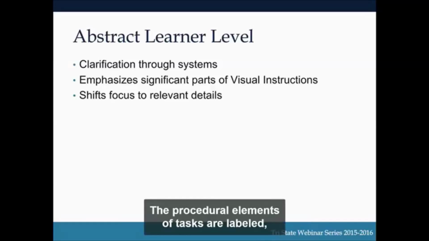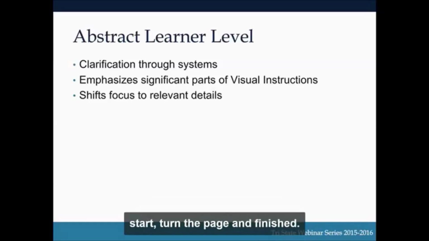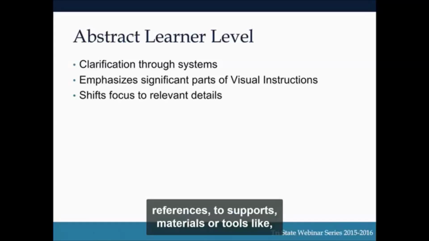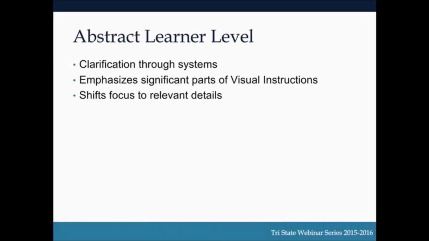The procedural elements of tasks are labeled Start, Turn the Page, and Finished. Layer in supplementary information such as references to supports, materials, or tools like page numbers and texts, maps, notes, calculator, textbooks, diagrams, or office supply items.